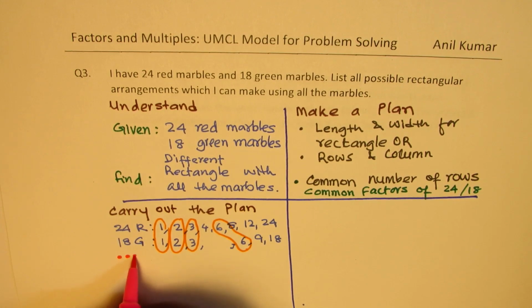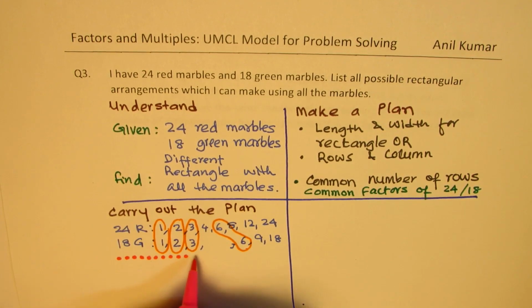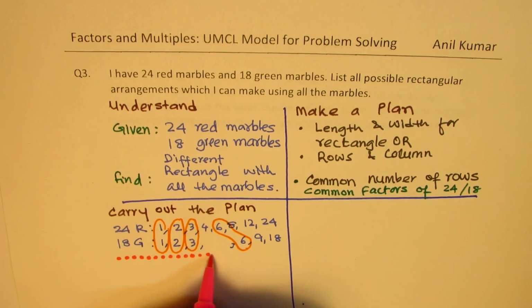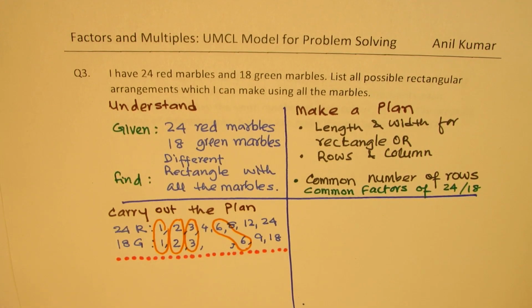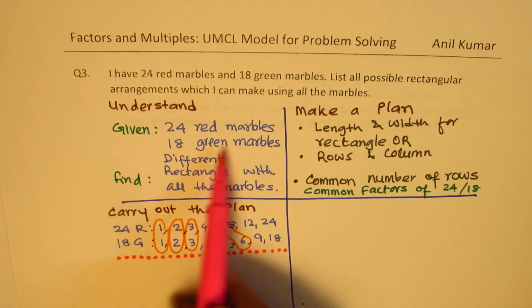Counting 1 through 24, so this is a rectangle whose width is 1, length now is 24. And in the same rectangle, we'll put 18 green.